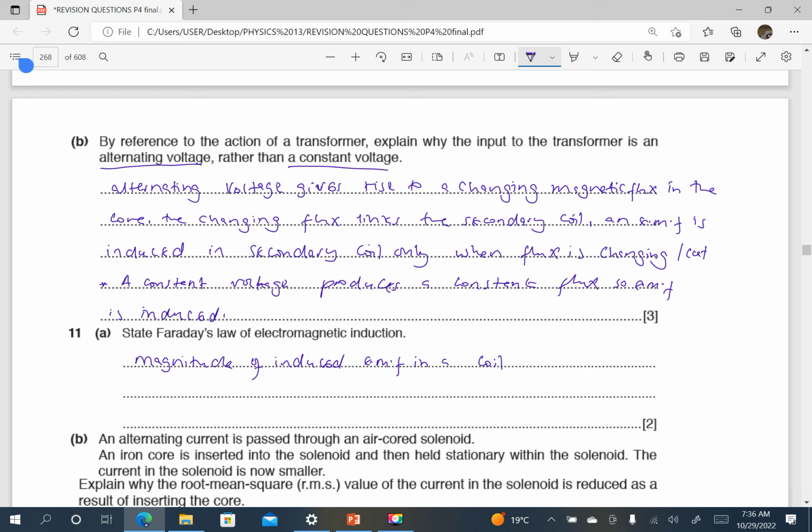The magnitude of the induced EMF in a coil is directly proportional to the rate of change of magnetic flux linkage.